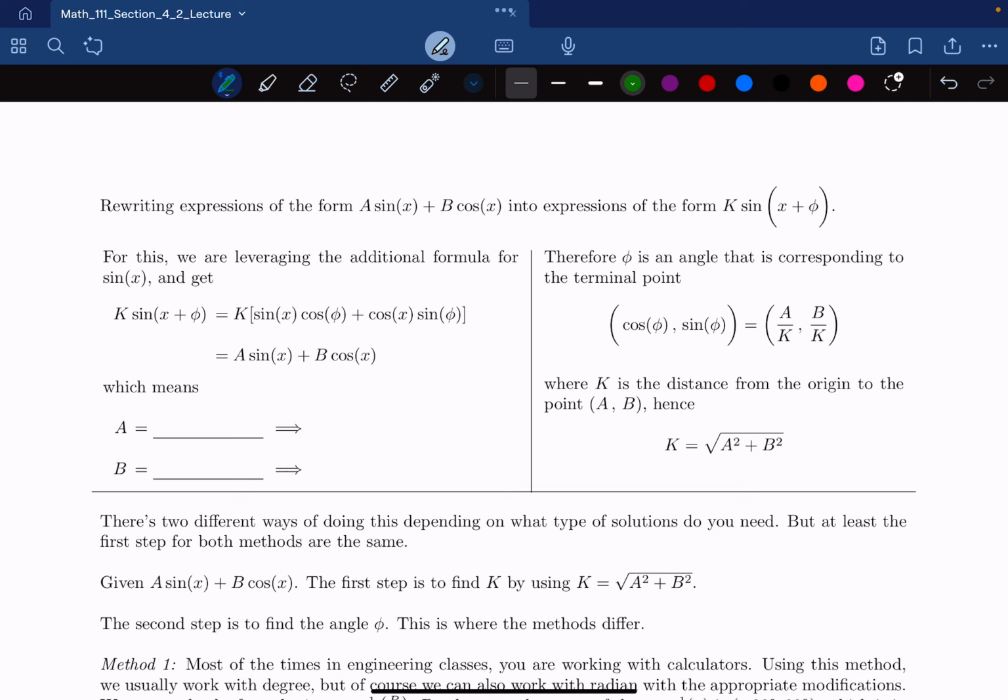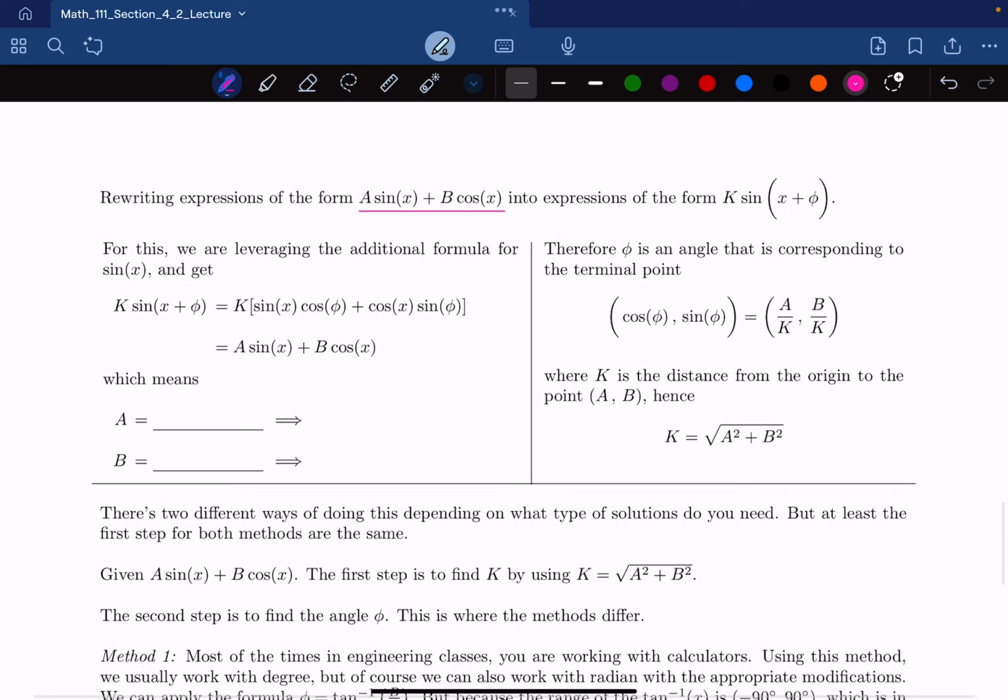This one is rewriting an expression of the form a sine of x plus b cosine of x into an expression of the form k times sine of x plus phi. So we're basically combining two trig function expressions into one single trig function expression.